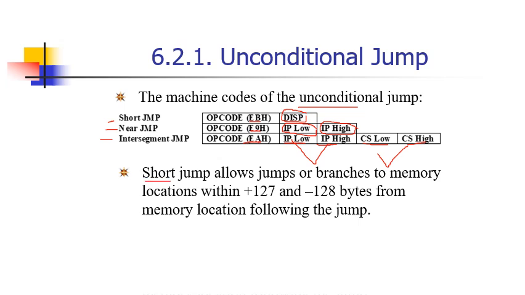Short jump, this is a displacement, and it is short because it is composed of 8 bits. If you have 8 bits, you can jump forward 127 bytes or backward 128 bytes.